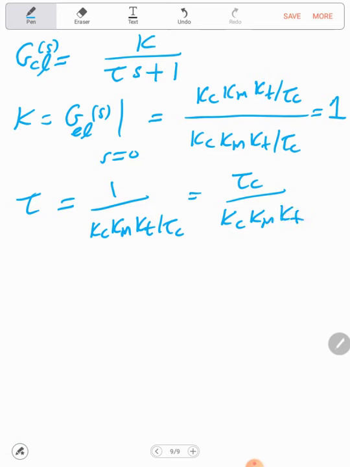Now, we cannot change tau c because by assumption we are using the zero pole cancellation, so tau c is equal to tau m, which equals J over B. So this one is fixed.